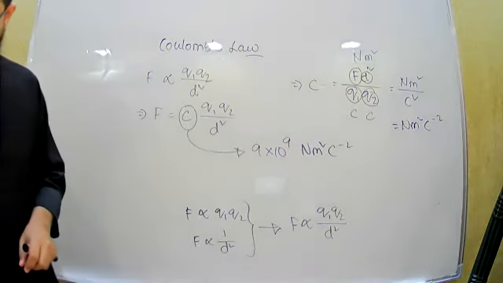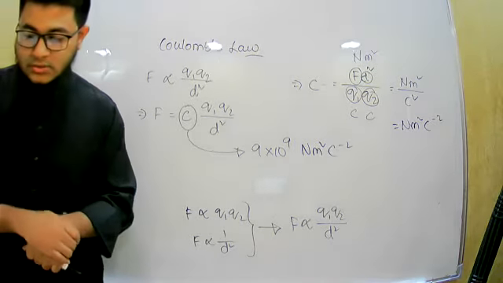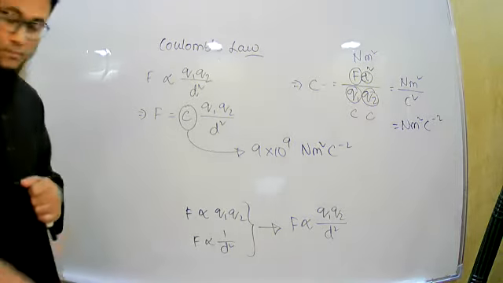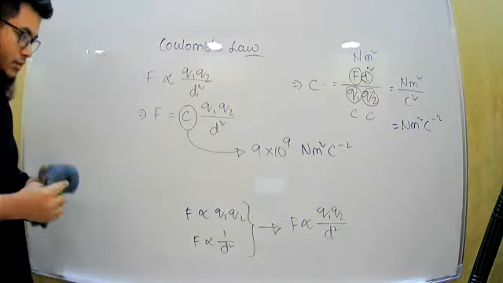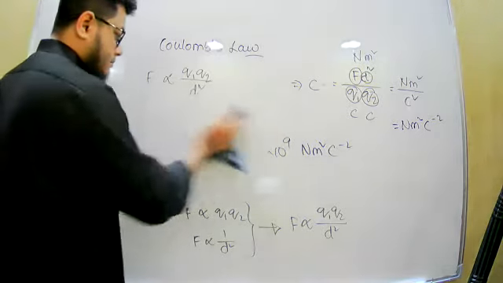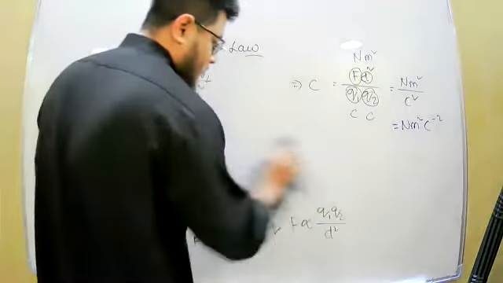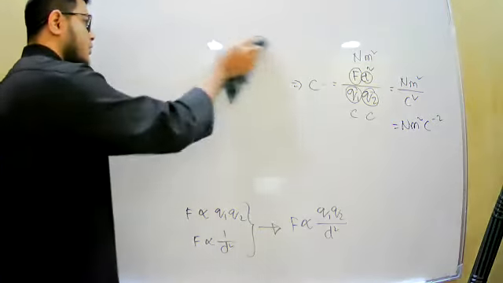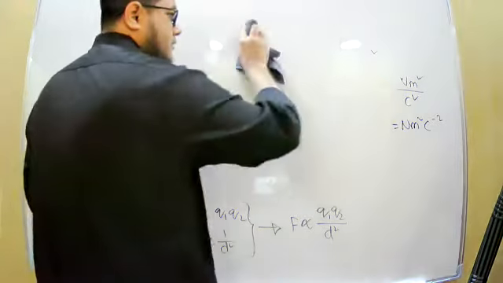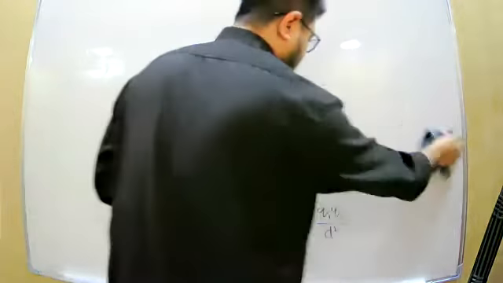Now, inshallah, we will solve a problem based on this equation, F equal to C Q1 Q2 by D square. We can call it the application of Coulomb's law. I have a question in front of me.